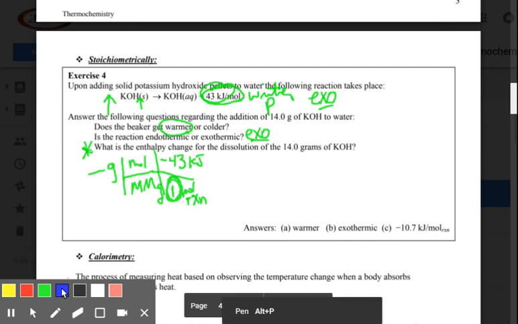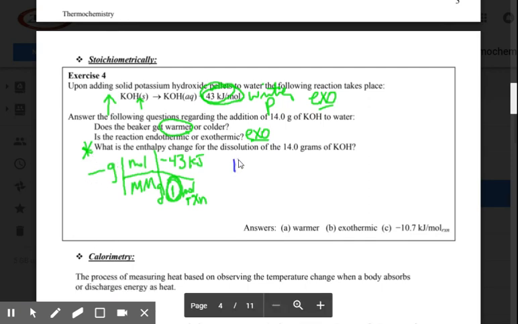So let me go ahead and rewrite this stitch. I'll use a different color here, and we'll work this problem through. So 14 grams of KOH divided by its molar mass, which if I look it up on the periodic table is 56.11. All I did was add K plus oxygen plus hydrogen to get that value for every mole of KOH.